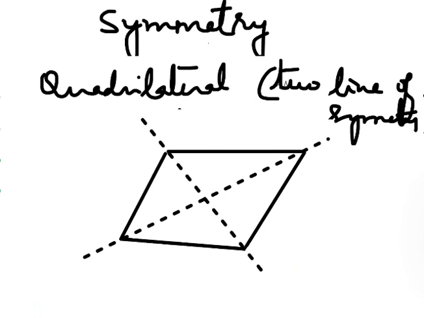So in this case, only two lines of symmetry are possible. Oh, wait, sorry. Not a trapezoid. A trapezoid won't work. So what is this figure going to be? This is a rhombus, or a diamond.